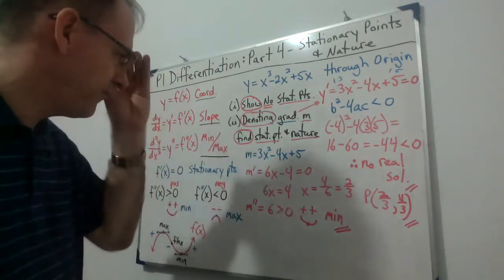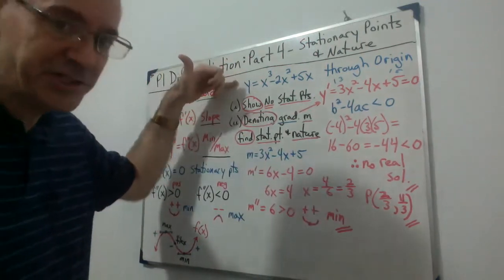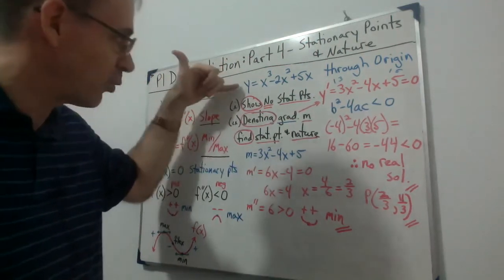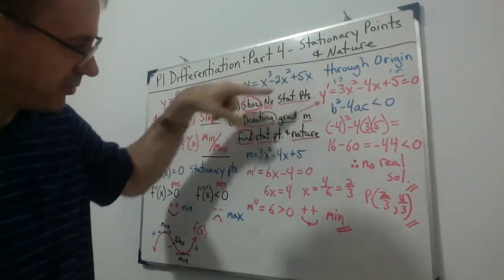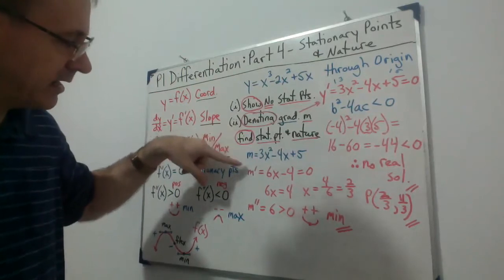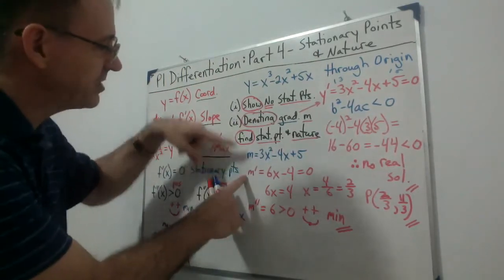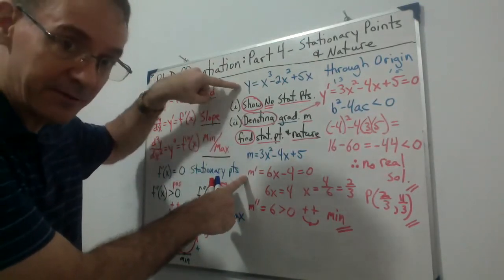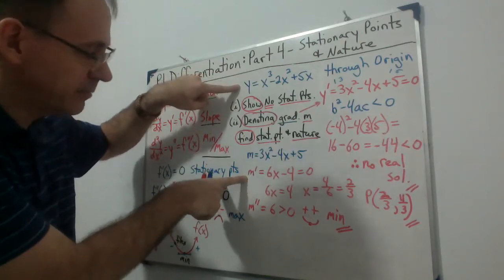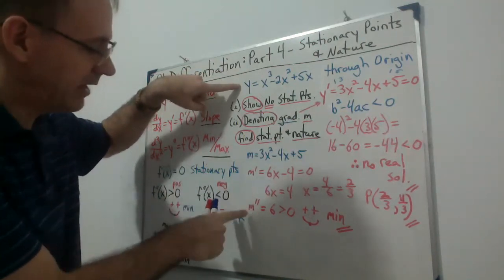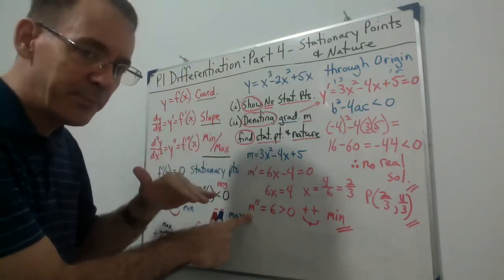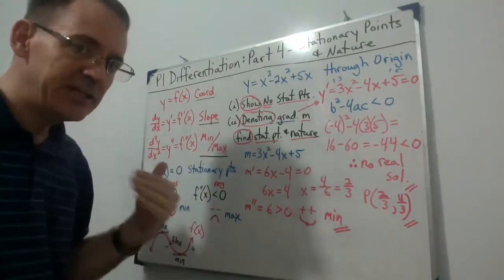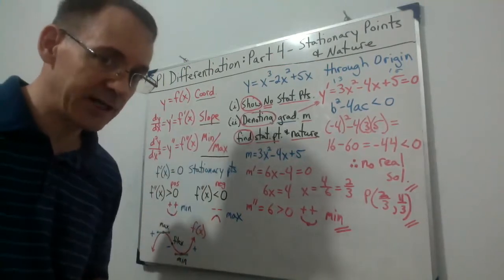Also notice, if you go back to the original function, the f of x or y, this one would be the first derivative, meaning this one in connection to the original function up here would actually be the second derivative, and this one would be the third derivative. So when you're talking about the number of derivatives, you need to pay attention, where's your starting point.